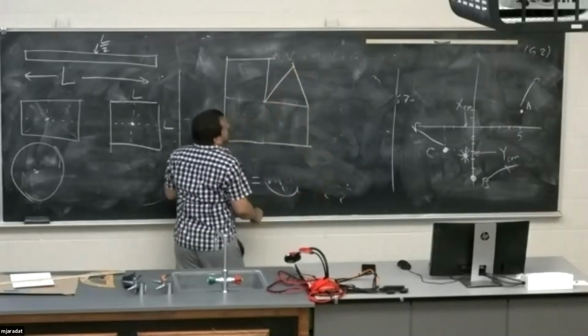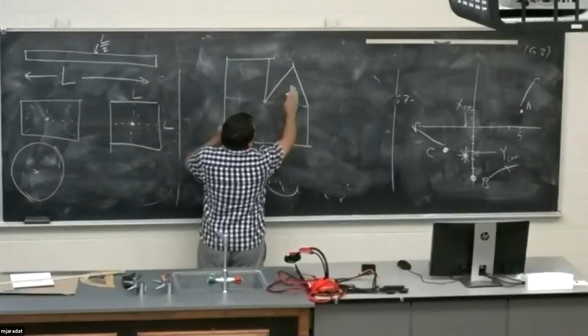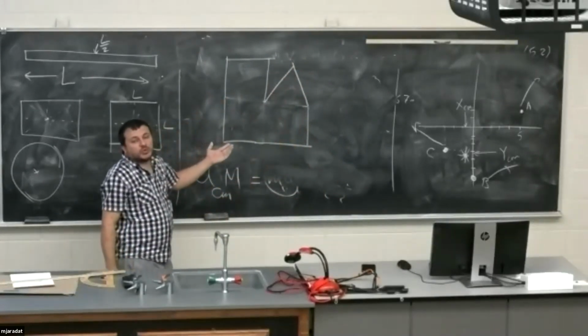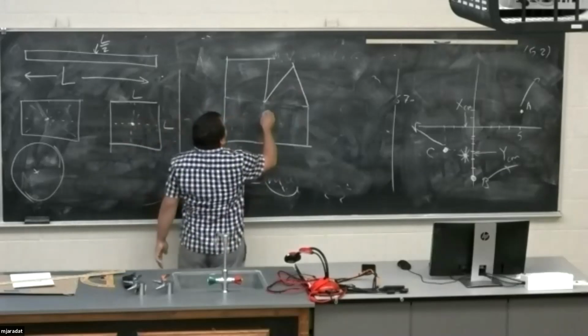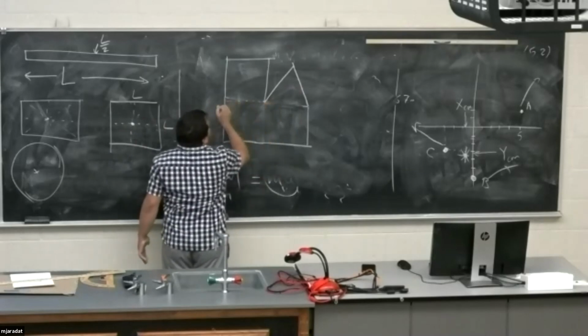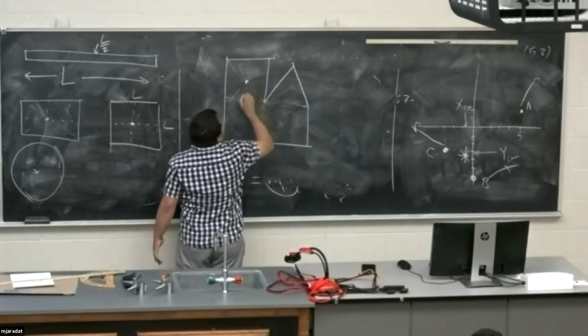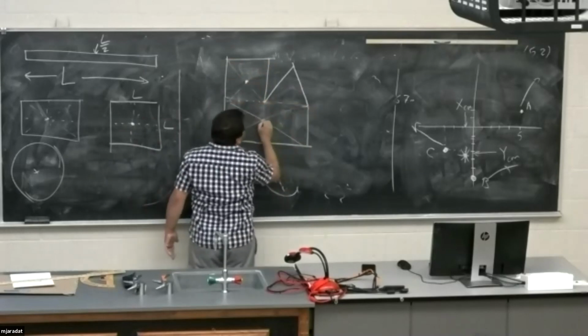If we have this shape, which is a house, for example, and I ask you to find the center of mass of this shape, you will tell me okay, I will divide it into different shapes. This is a square, and this is the center of mass. This is a rectangle, and this is the center of mass.